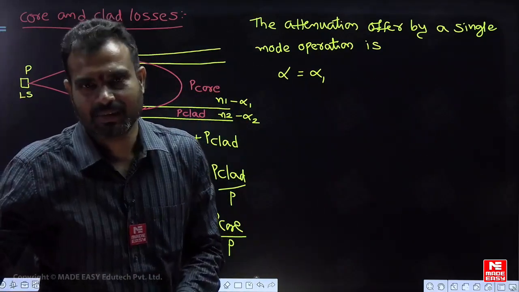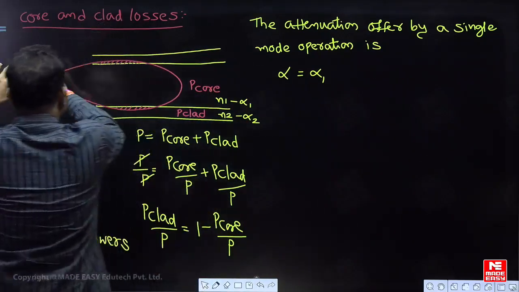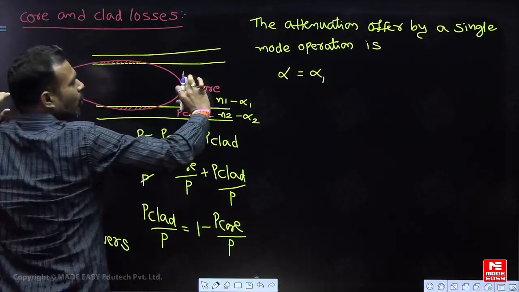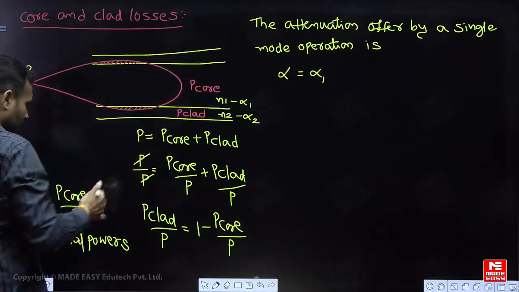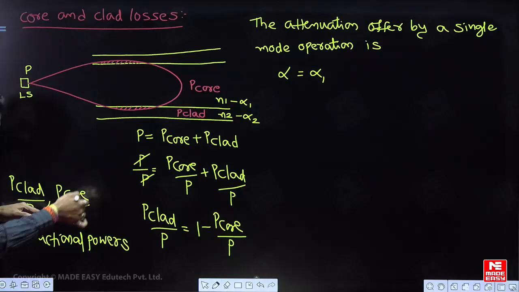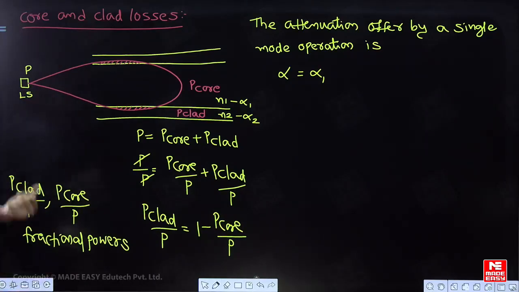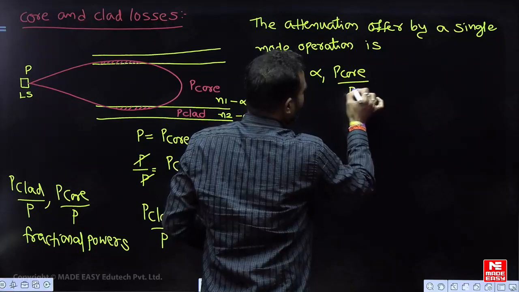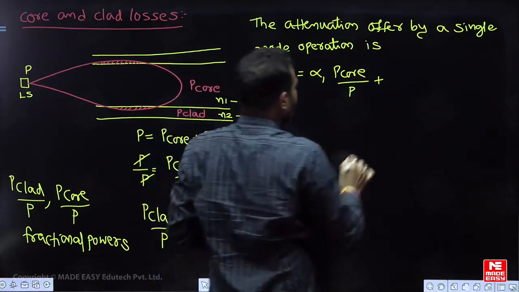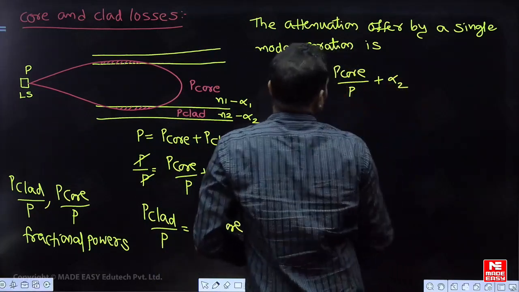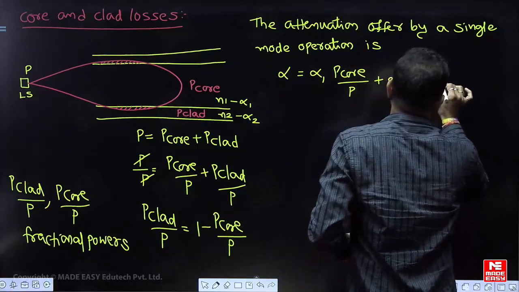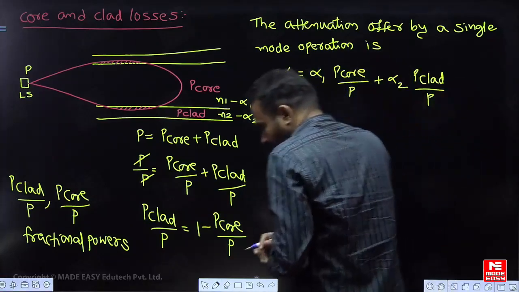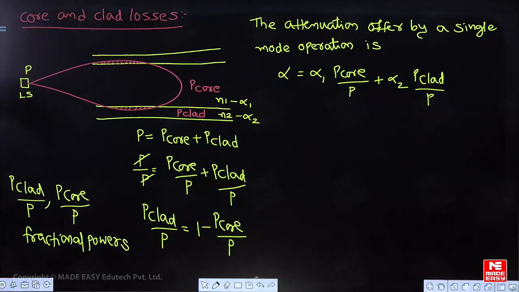Am I clear? But right now the entire power P is not going into the core. How much power is going into the core? That is P core by P. This much fractional power goes in the core. So alpha is equal to alpha 1 into P core by P plus alpha 2 into P clad by P. So this is completely what we call the attenuation alpha.